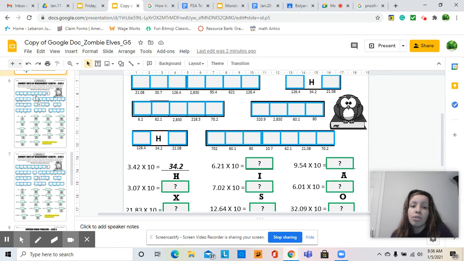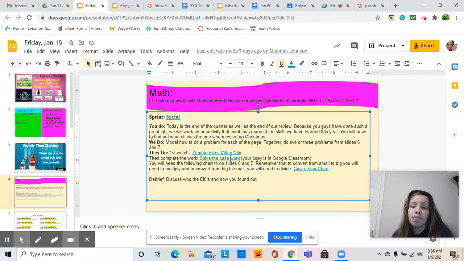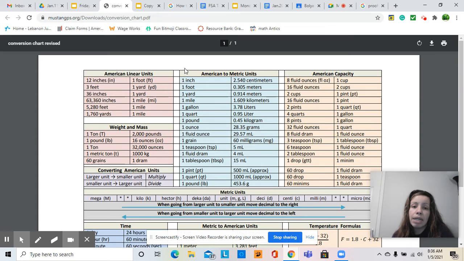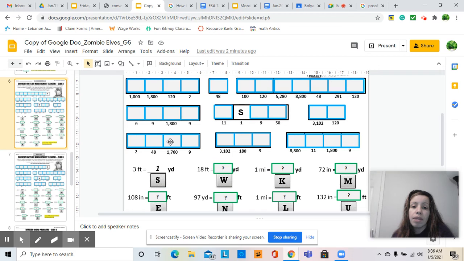So you will continue to do that. You'll have another one where this one actually will require for you to use this conversion chart. So when you have this conversion chart, you will see what each one means. So in this case, it says 3 feet is equal to 1 yard. Well, what about 18 feet? How many yards?